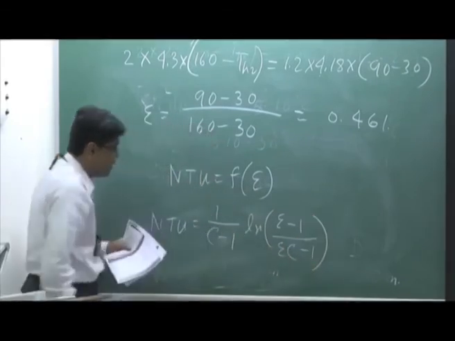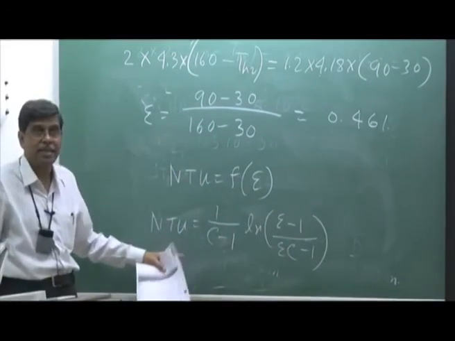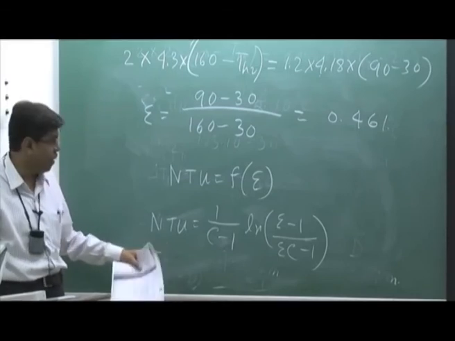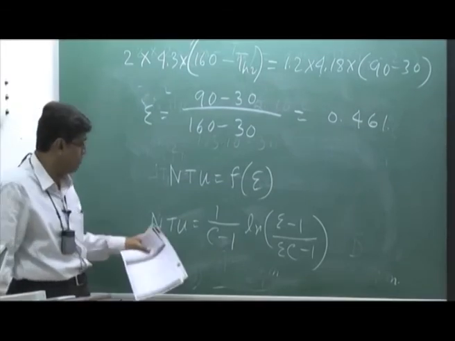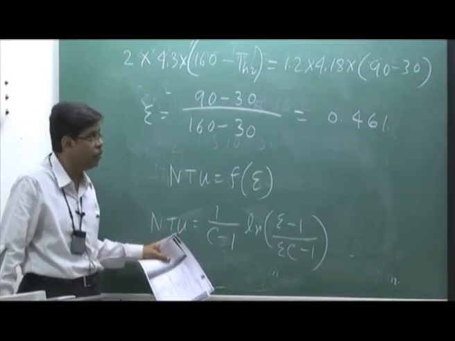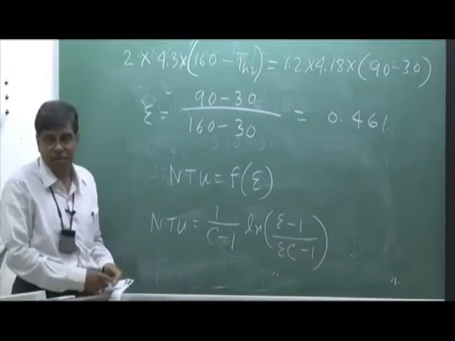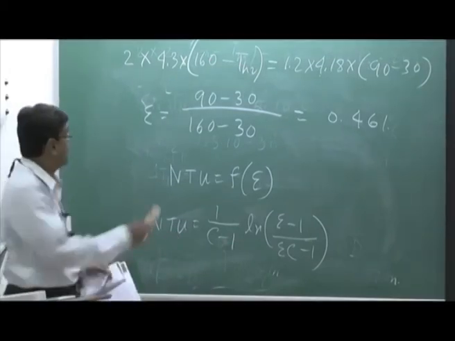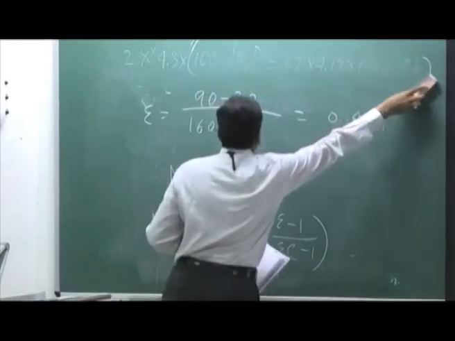What is C? C is C min by C max. We expressed epsilon as a function of NTU. That we expressed.